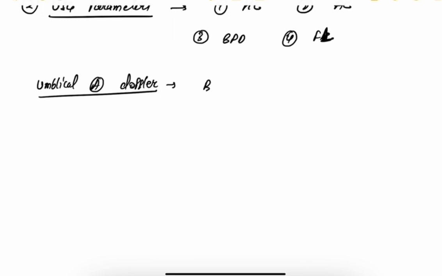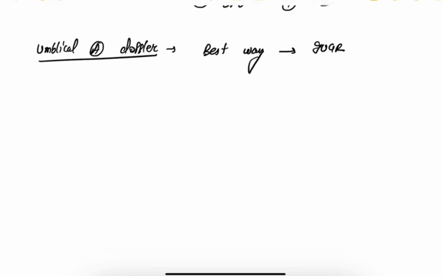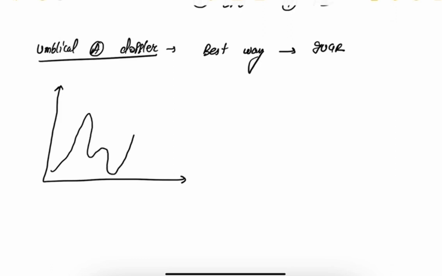It is the best way to diagnose IUGR. So what will you see in umbilical Doppler? In a normal patient, you are going to see this kind of reading. This is the systolic flow, and this is the diastolic flow.